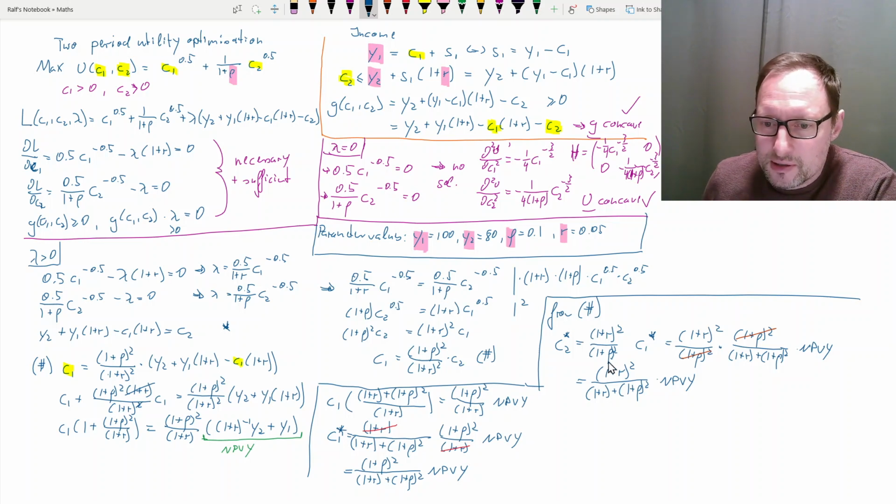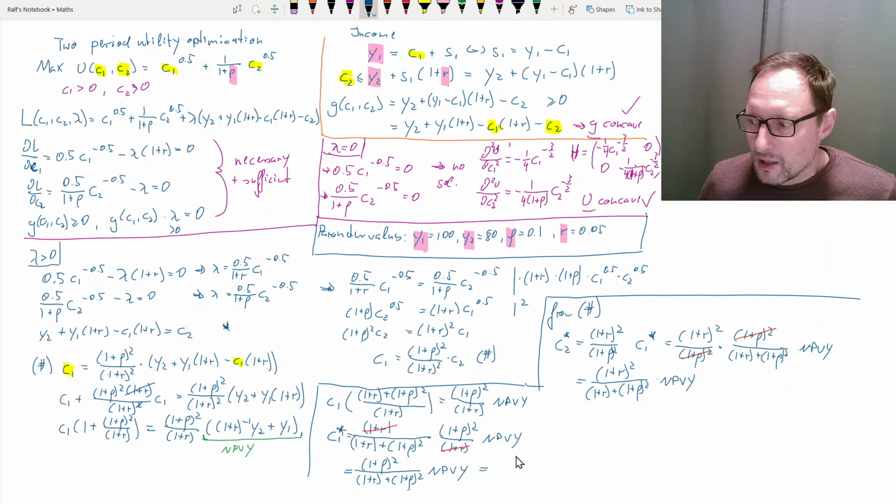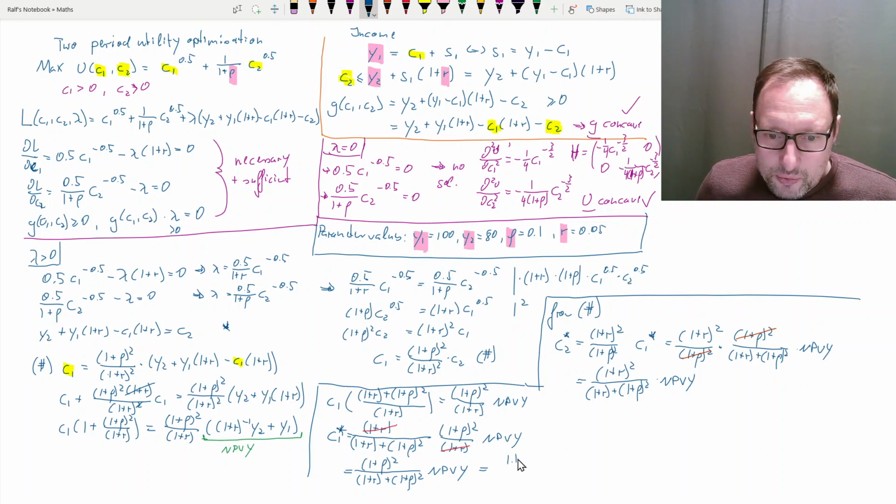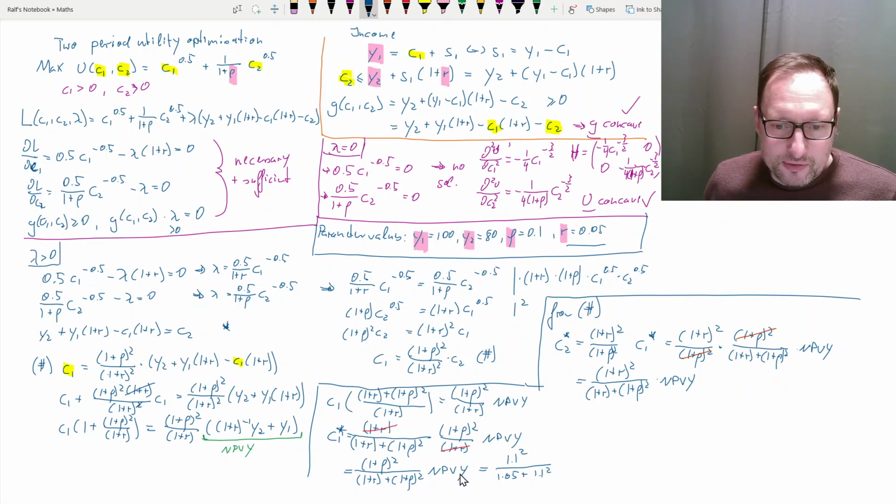This is perhaps a nice time to plug our parameter values into these equations. So if we do that for C1, down here we're getting (1+ρ), where ρ is 0.1, so 1.1 squared, divided by 1+r, where r is 0.05, so 1.05, plus again 1.1 squared, times the net present value of the income.